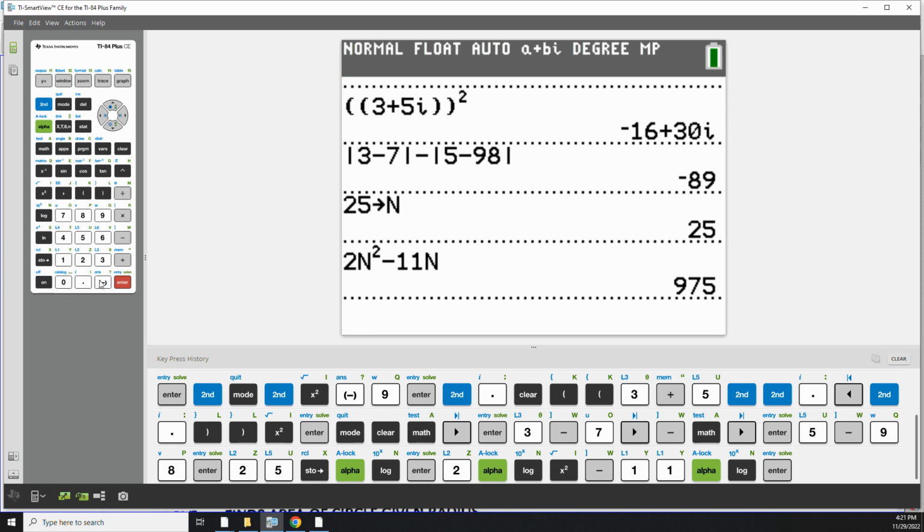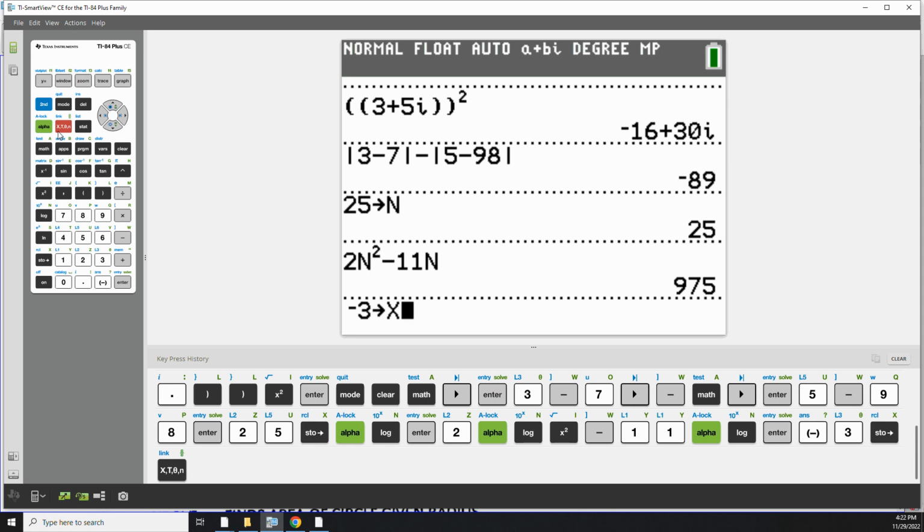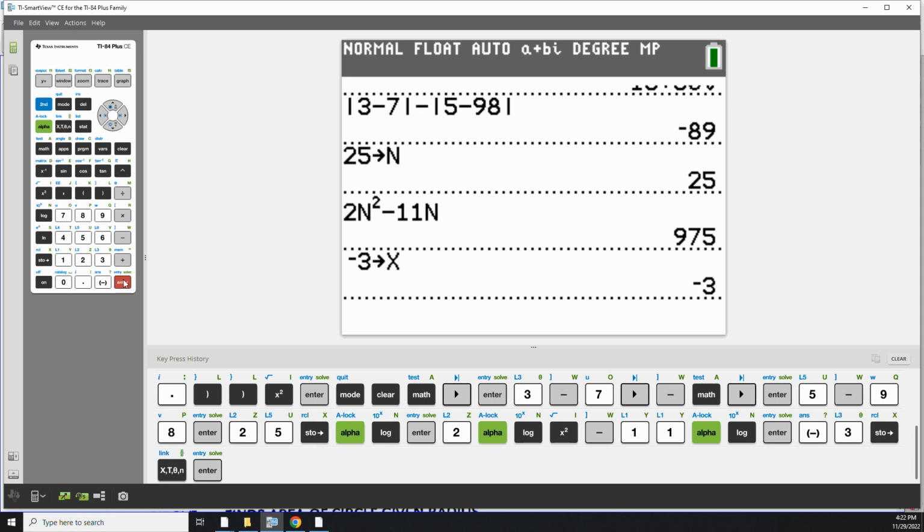So I'm going to go -3. So an X, you don't need to hit an alpha. You can just hit the X from graphing. N is, well, let me finish this one. Okay, so I got X is -3. N is alpha, see the alpha. And now search the keyboard. N is right here, it's the log button.